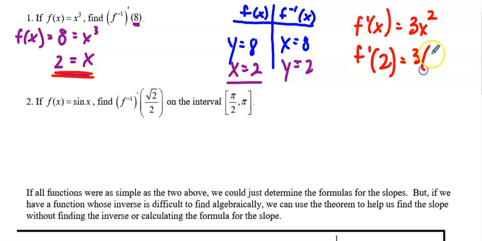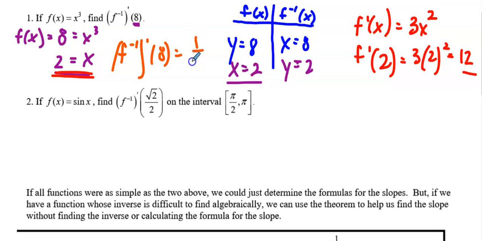This is going to be 3 times 2 squared, which is going to give us 12. And that's part 2. Part 3 is you take this number and put it under 1. So the derivative of our inverse at x equals 8 is going to be equal to 1 over 12. Now that looks really crazy, but let's go back to our equation.